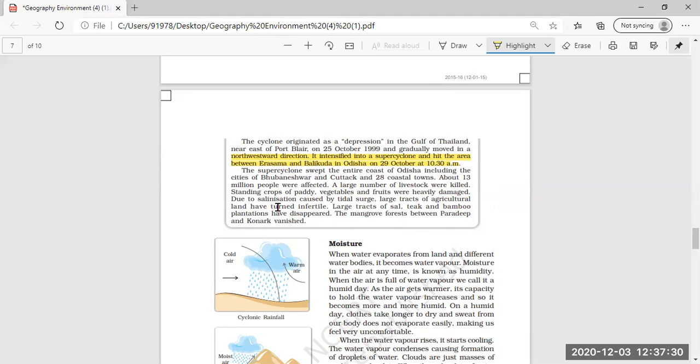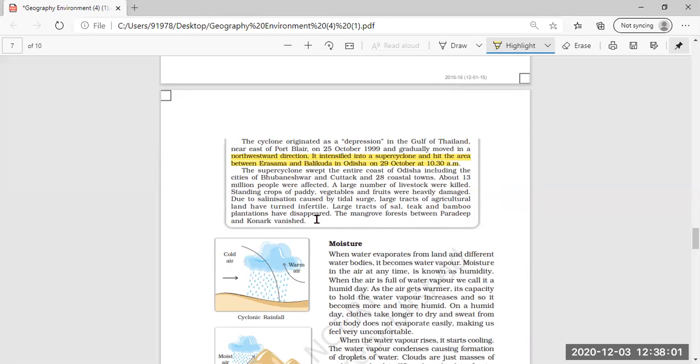Standing crops of paddy, the agricultural crops, were also damaged. Vegetables and fruits were heavily damaged, due to the salinization caused by tidal surge. Salinization means saline, salty water was present, due to which large tracts of agricultural land have turned infertile.